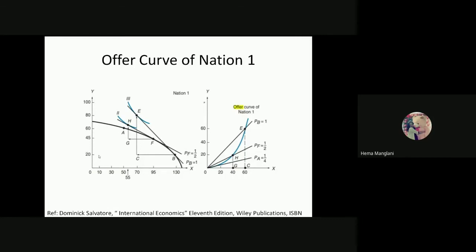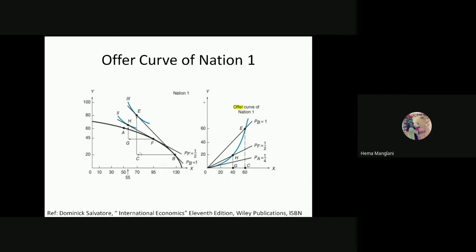The reason is that we can get it from other countries at our preferable exchange rate, because our earlier exchange rate was half, but now our exchange rate is one. It means if we are exporting this BC amount of X commodity, we will get the same proportion of Y from the other country. So our triangle of exchange is now improved compared to this particular triangle of exchange.